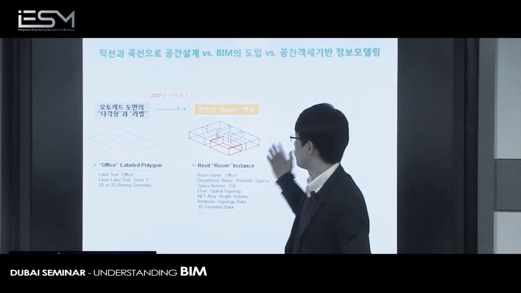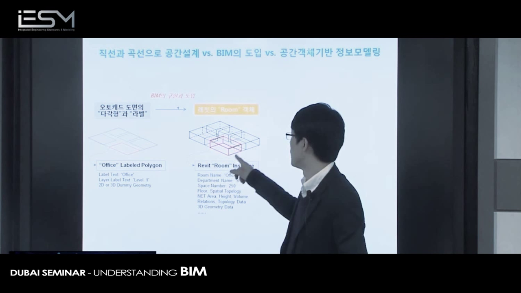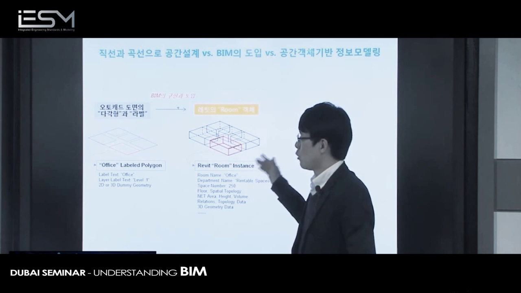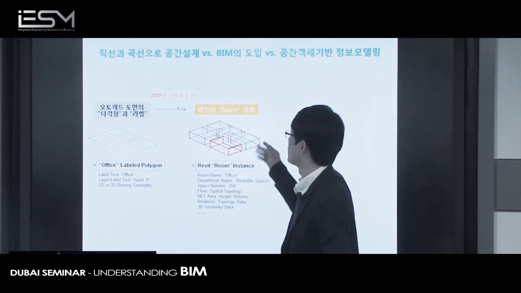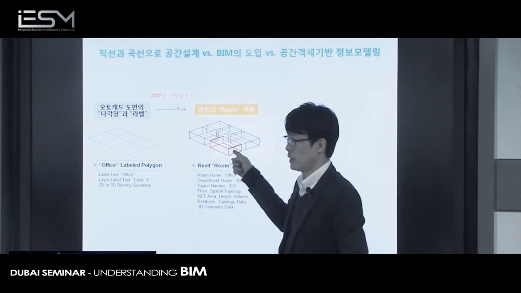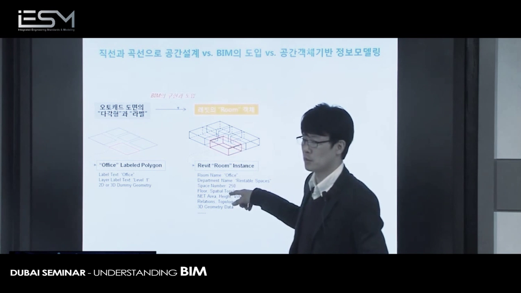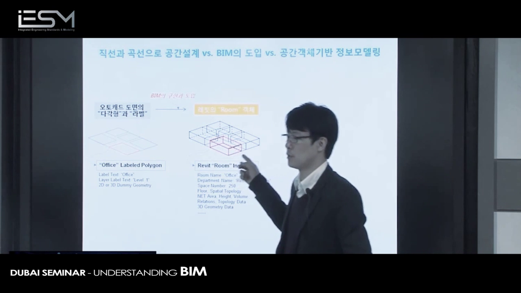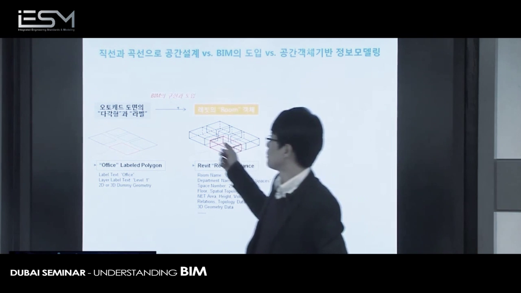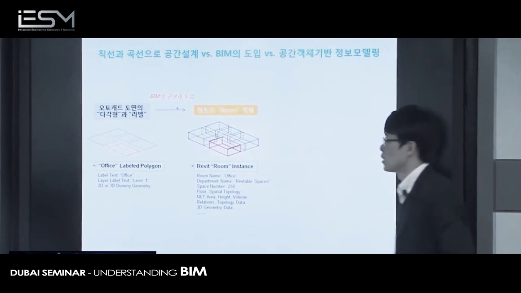We can recognize that this is a specific building's floor and there is an office. Also, the computer can understand there is a building element, a floor, and a space, and the space name is office, as well as a lot of spatial information. The computer can understand what it is. This is a very big difference between those two computational models.